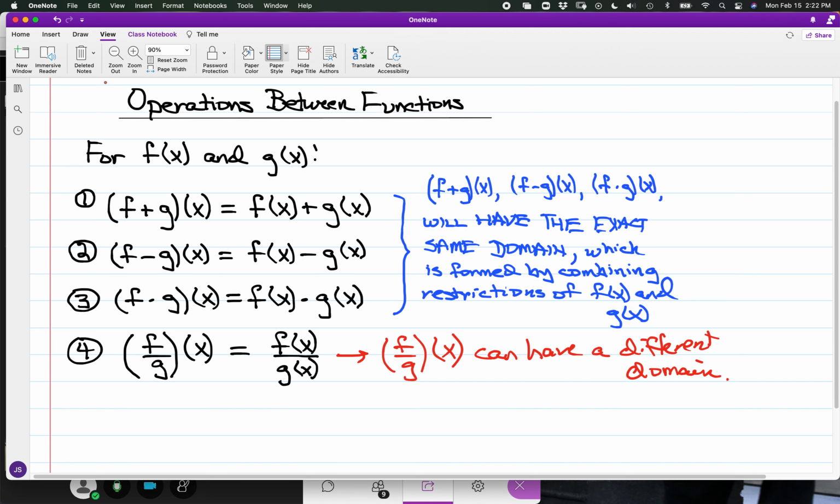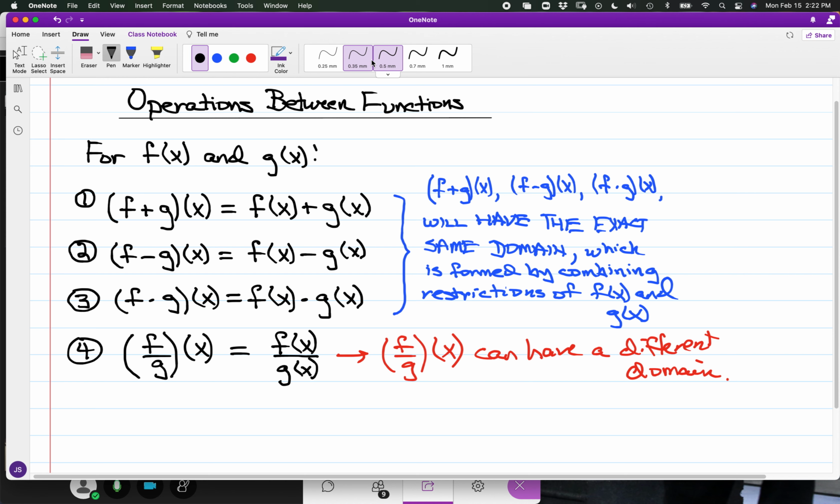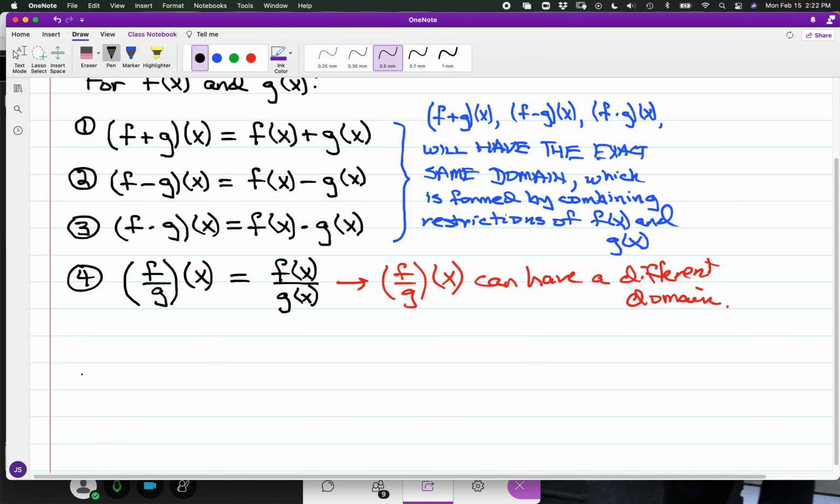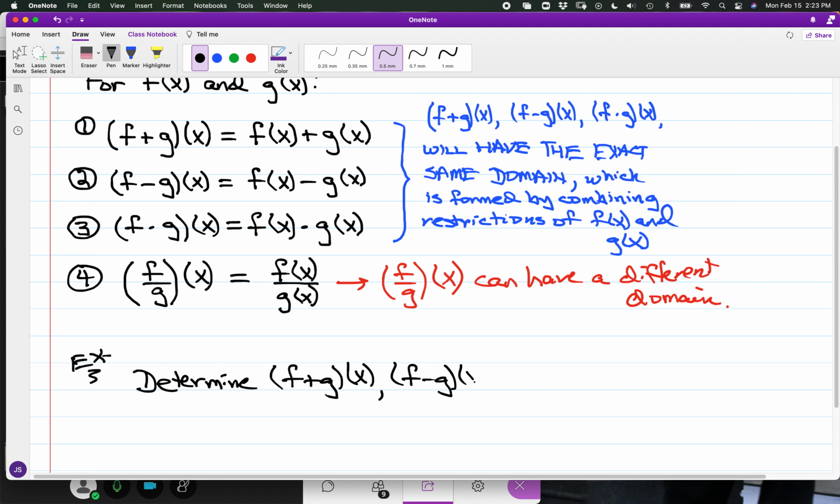And just taking an example for operations between functions, let's see if I can determine the sum, difference, product, and quotient functions, as well as their domain.